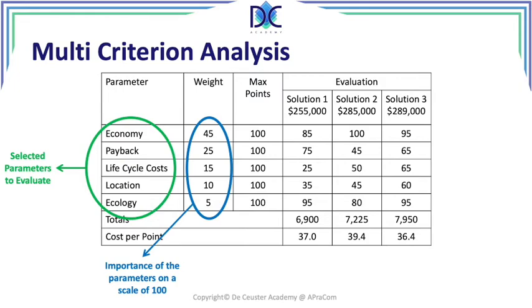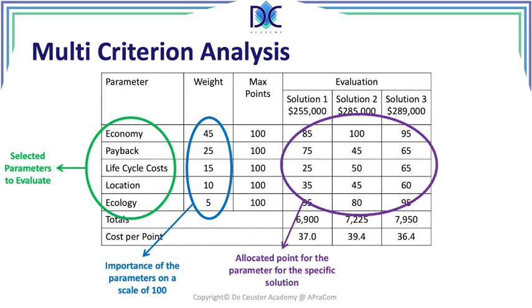And then finally, we have the evaluation where we allocate the number of points for each parameter. For example, for economy, we give solution 1 85 points out of 100. We do that for all the different parameters, and then we can calculate the total points. The maximum points gives us the best solution.